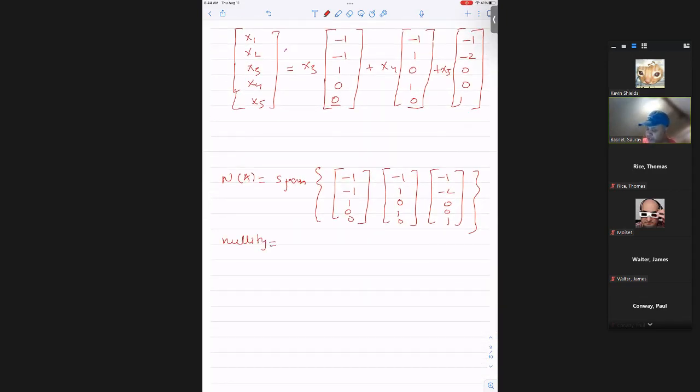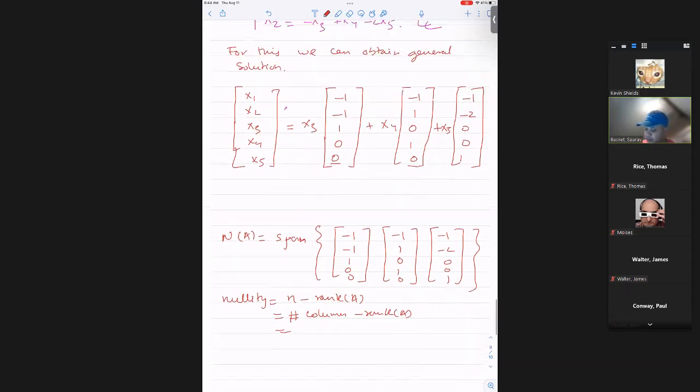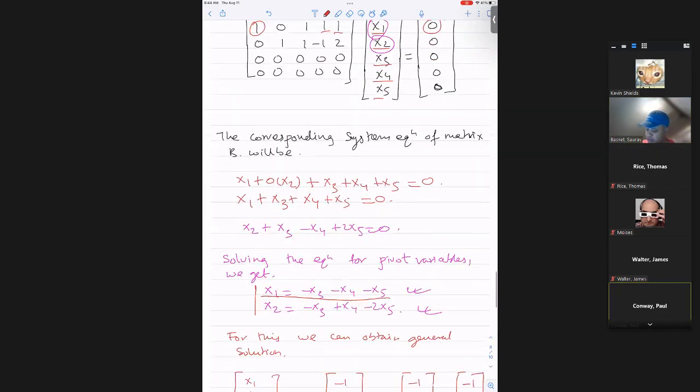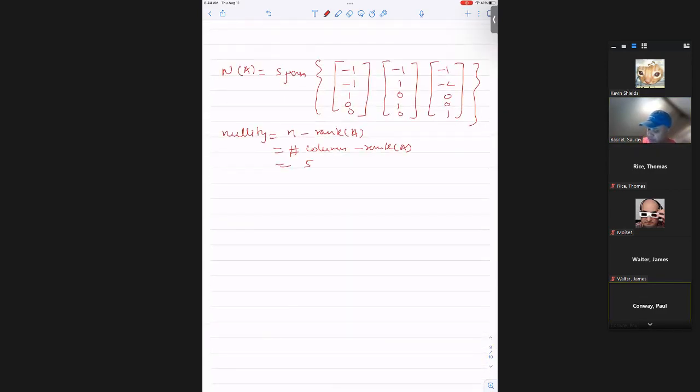So nullity is nothing but n minus rank of A, where n is the number of columns. How many columns do we have in the original matrix? 5, right? 5 minus 3, nullity is 2.